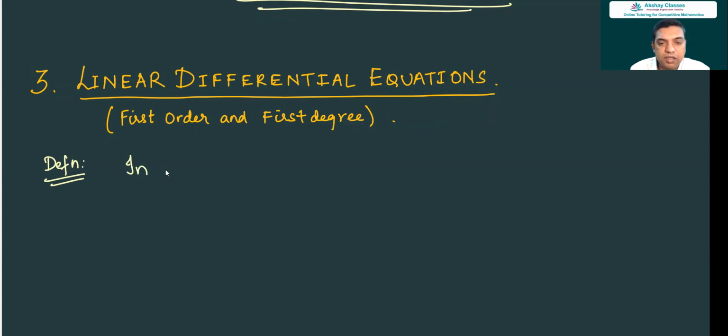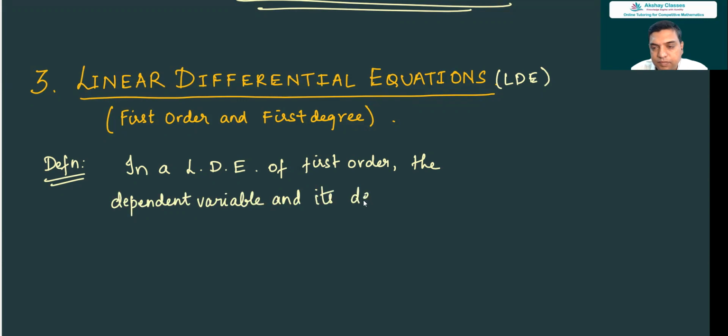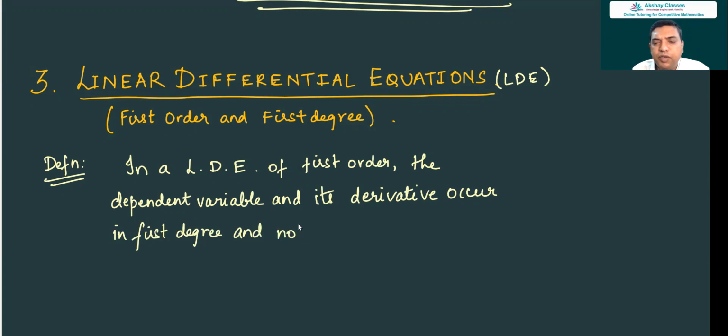In a linear differential equation of a first order, the dependent variable and its derivative occur in first degree and are not multiplied together.